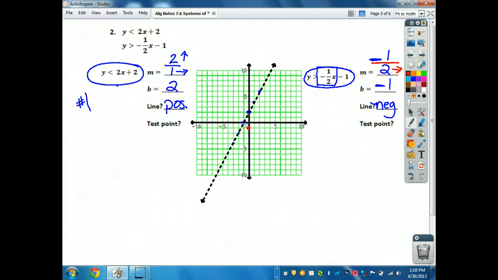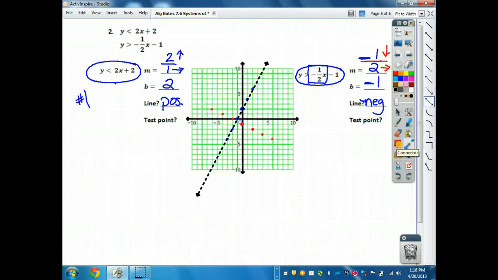Right 2, up 1. No, down 1, because it's a negative, right? So right 2, down 1. Right 2, down 1, and so on. Backwards, left 2, up 1. Left 2, up 1. Dotted or solid? Dotted. Once again, we have the dotted line.